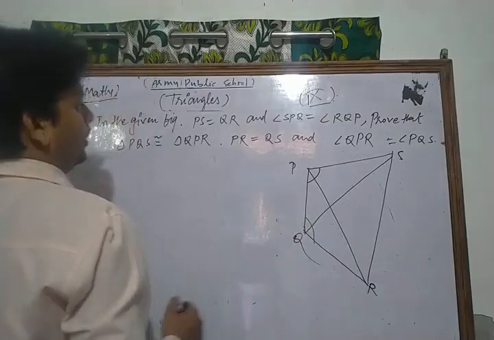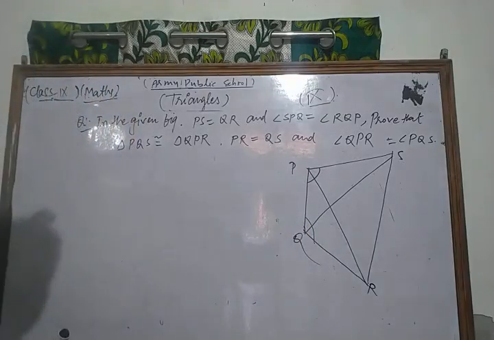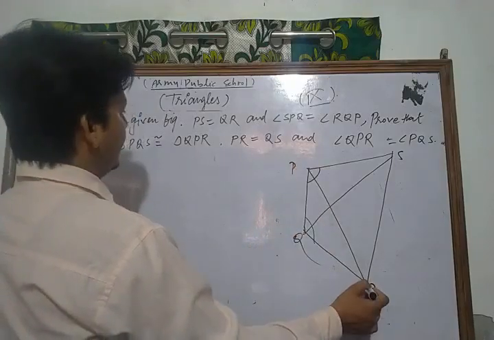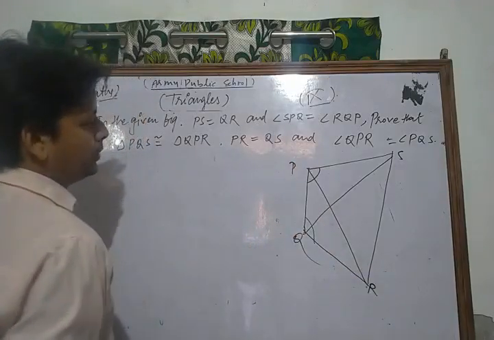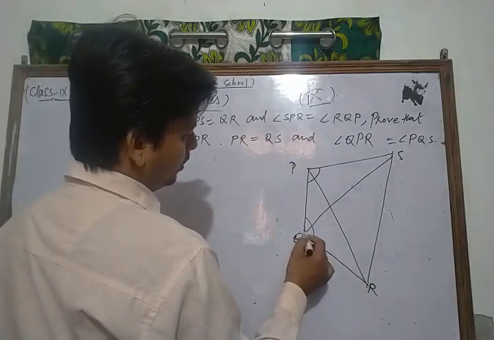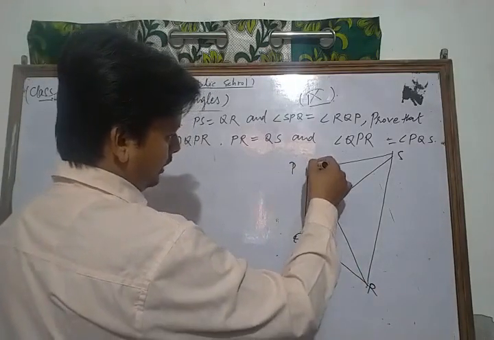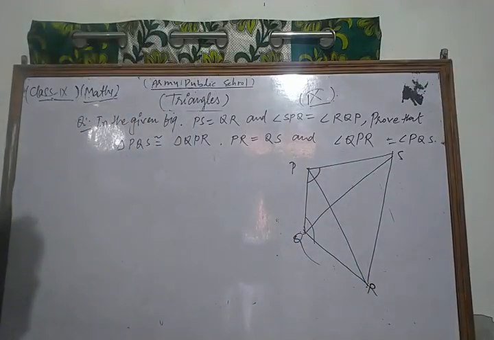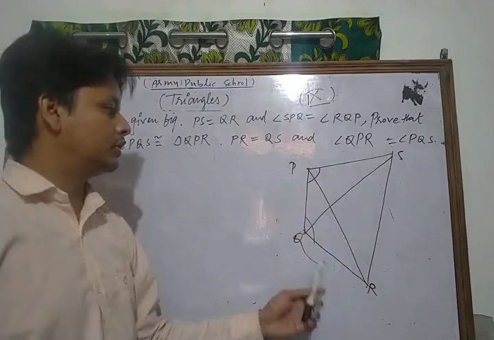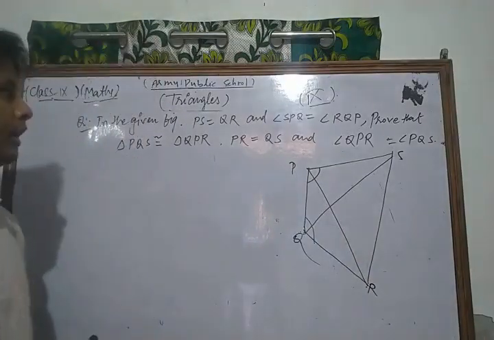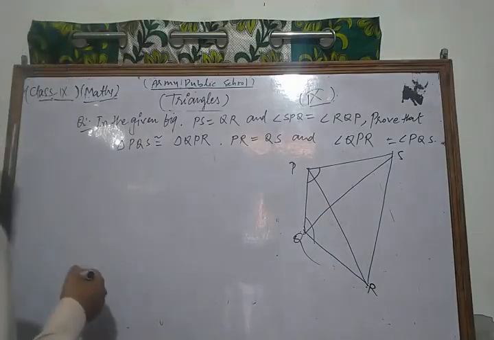Now look, we have to show that triangle PQS is congruent to triangle QPR, where angle PQS and angle QPR are the angles to consider. Okay, this is your question. Now let's see its solution.